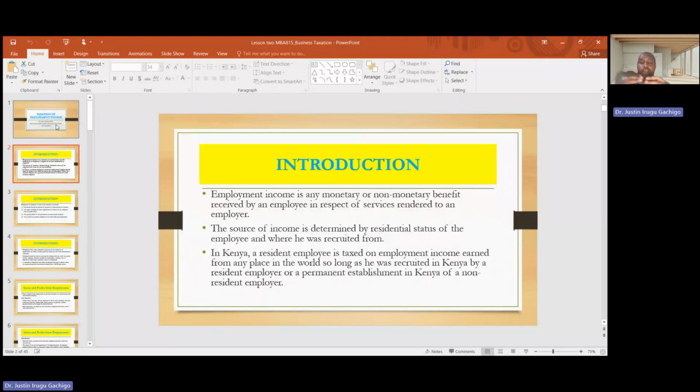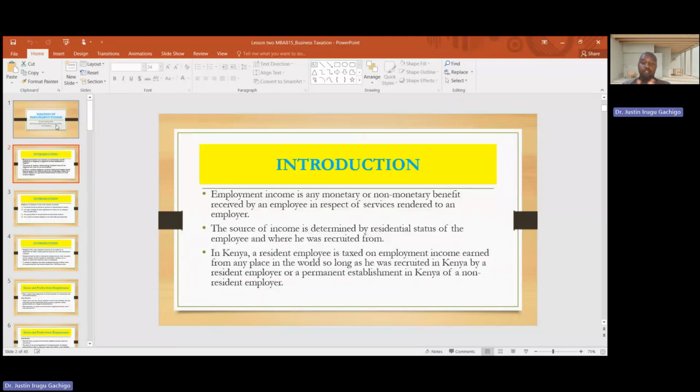For example, if you are Kenyan by birth, you are a resident. You can also be a resident by registration or other methods provided by the law, by which you can become a resident of Kenya. A non-resident may be somebody who has been here by a work permit or a visit visa or any other arrangement, but has not attained the full residential status.